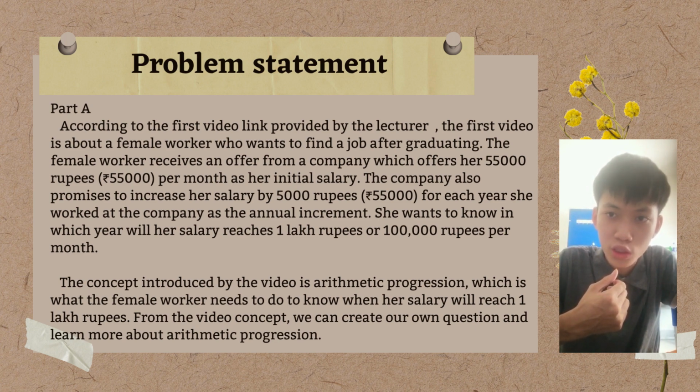She wants to know in which year her salary will reach 1 lakh rupees, or 100,000 rupees, per month. The concept introduced by the video is arithmetic progression, which is what she needs to use to know when her salary will reach 1 lakh rupees. From the video concept, we can create our own question and learn more about arithmetic progression.